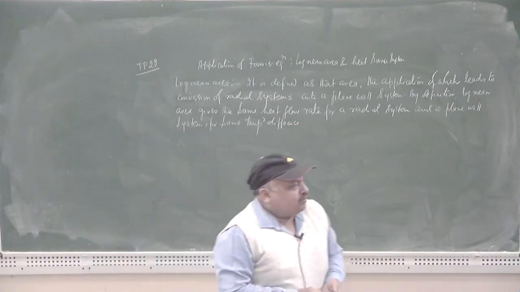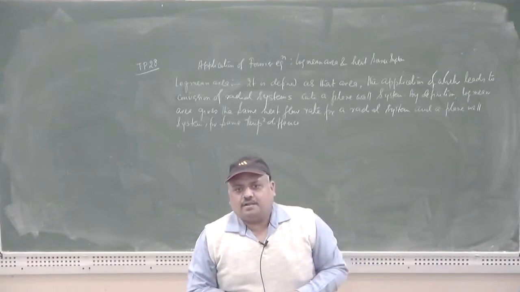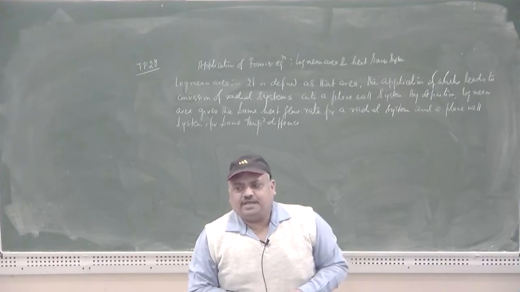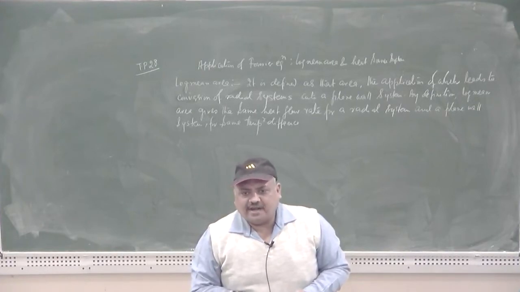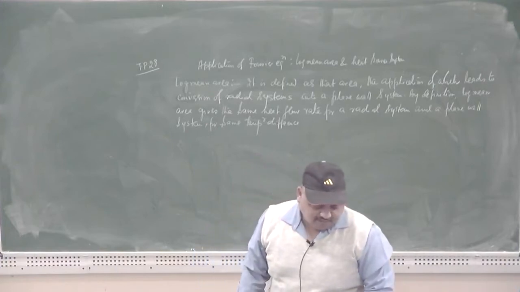So, in order to go into the mathematics behind this log mean area, that how this log mean area can be related with the area of the parent radial system, we have to derive the condition.